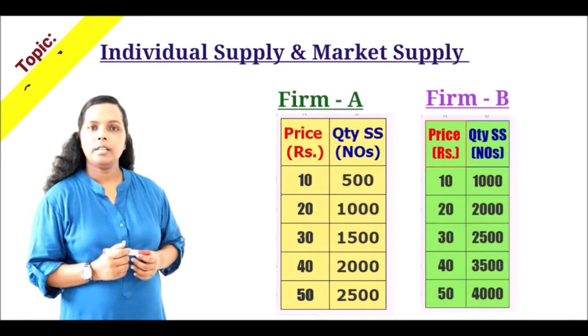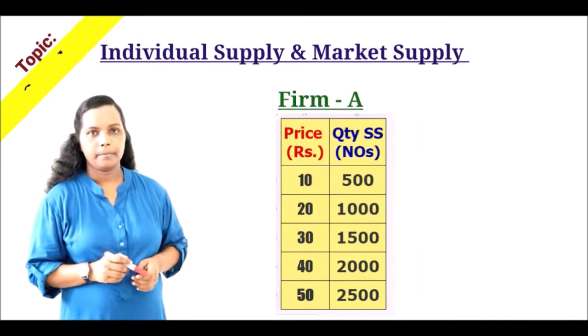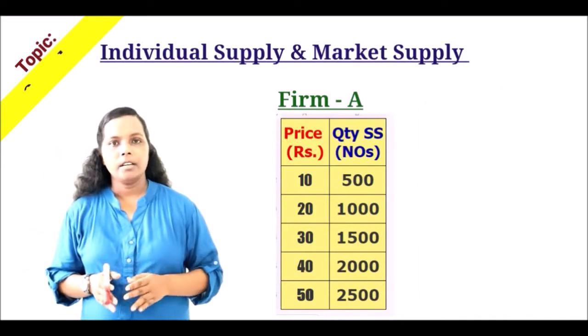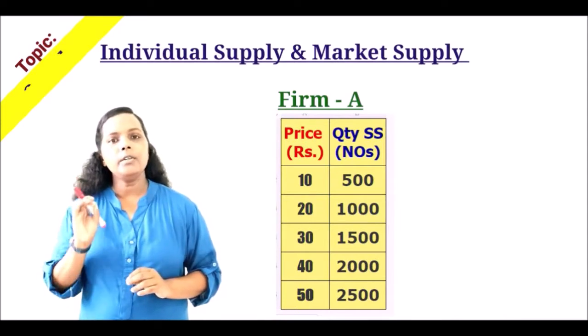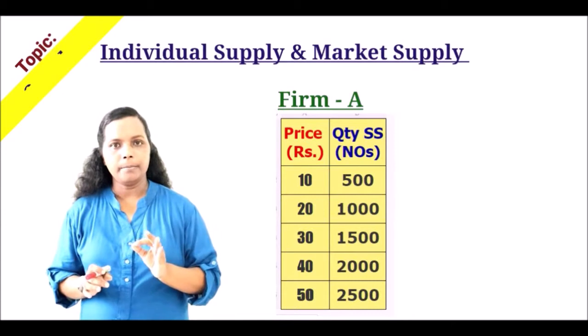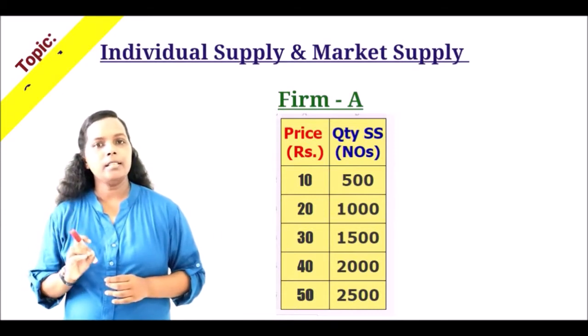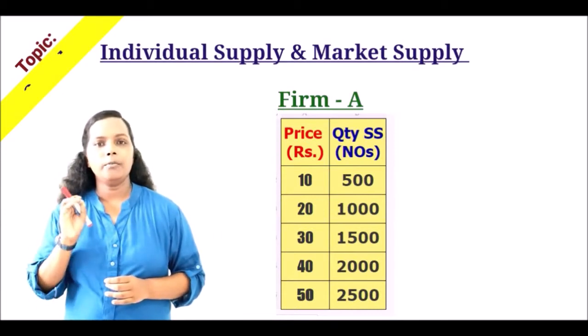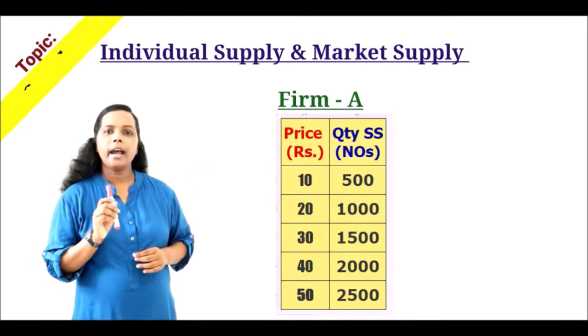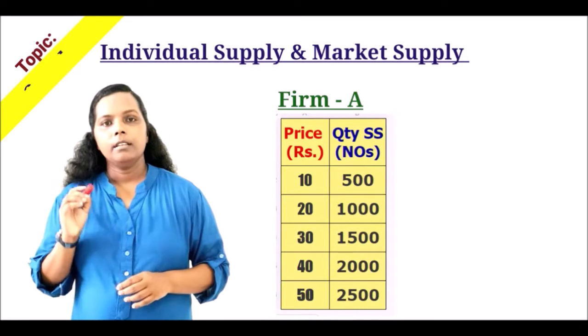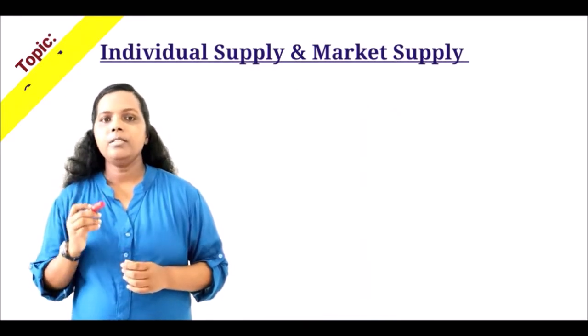This is the supply schedule of firm A. As the name suggests, the individual supply means the supply of individual producers or firm at various levels of prices during a given period of time. Here, the firm A supplies 500 ice creams per day. Now you know the meaning of individual supply.